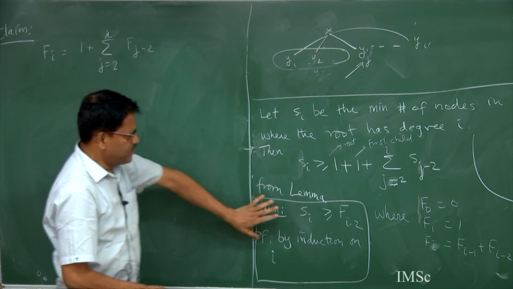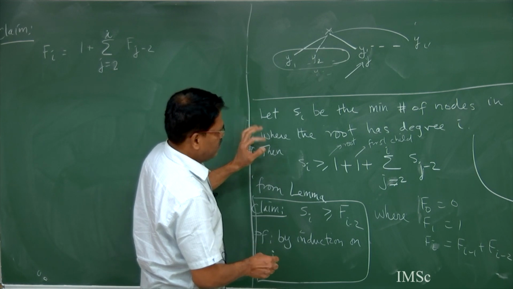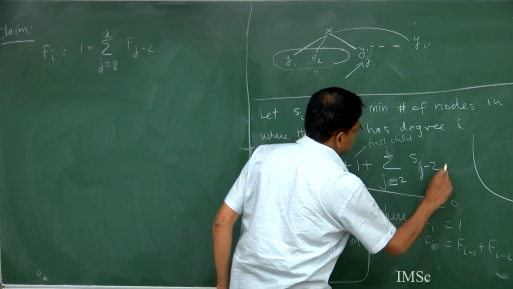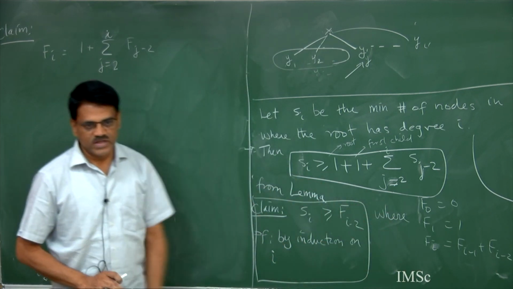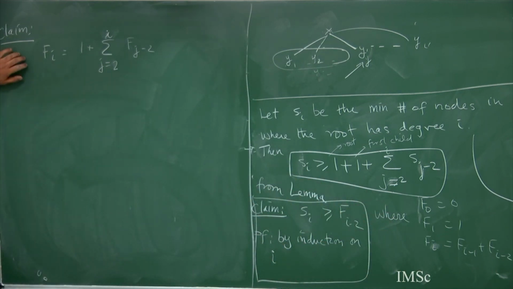Okay, so we'll keep this for a moment. Let's remember this. This is all we need. Now I'm just going to talk independently about Fibonacci numbers. Okay, so Fibonacci numbers, I claim this.